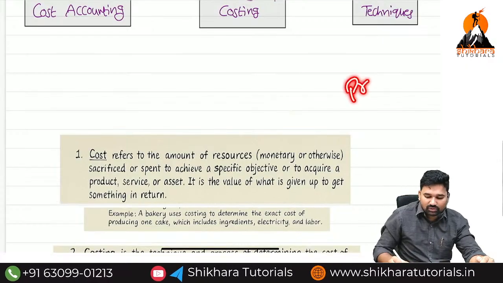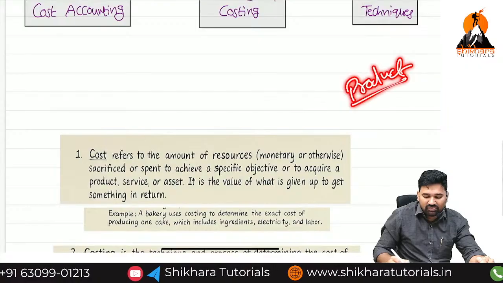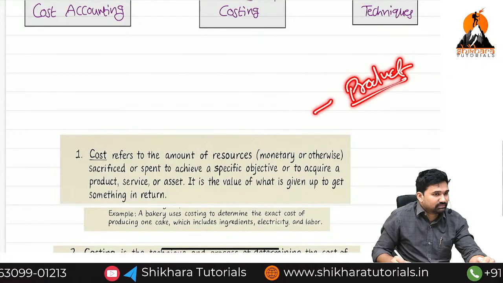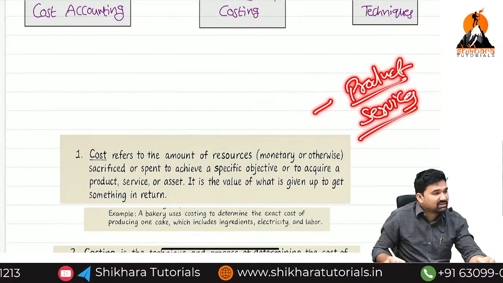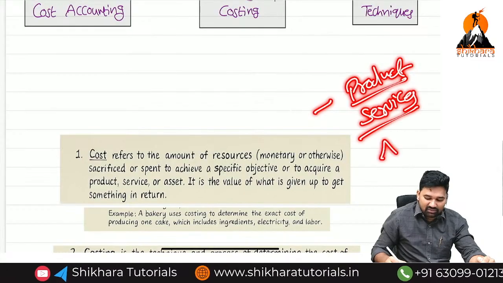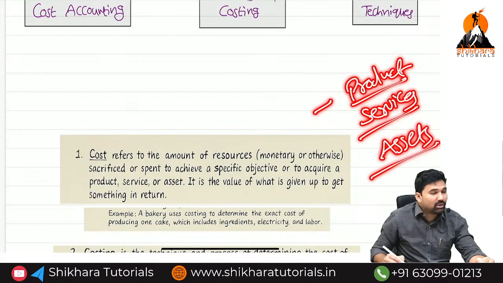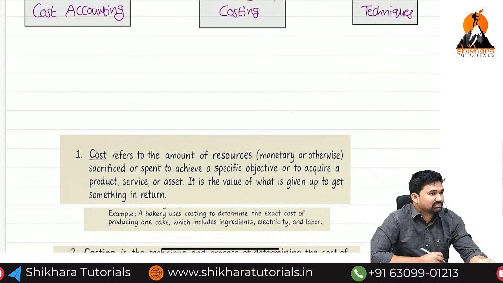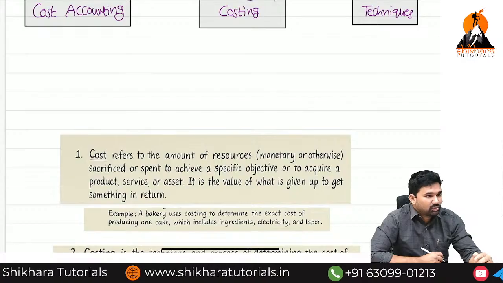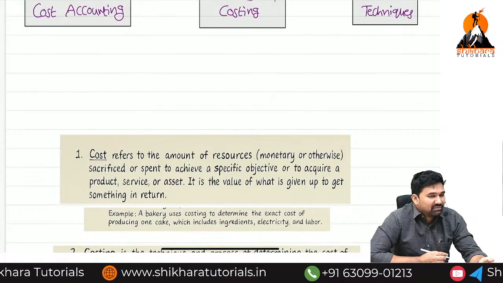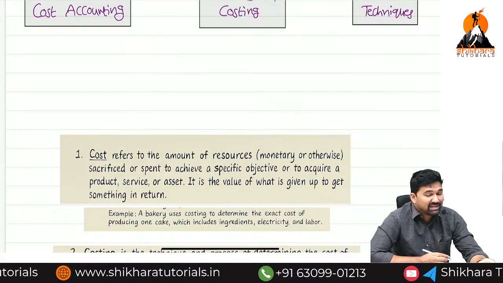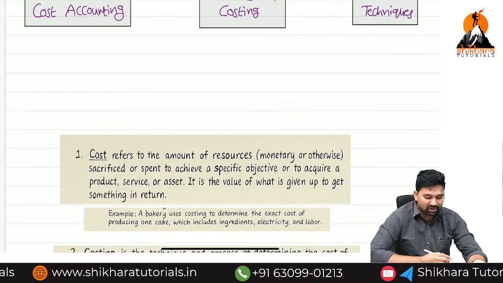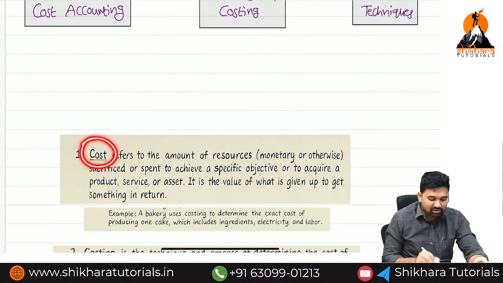So we will produce the products, we will render the services and we will acquire the assets. The amount of money we spent to produce the products, render the services or acquire the asset is nothing but the cost.